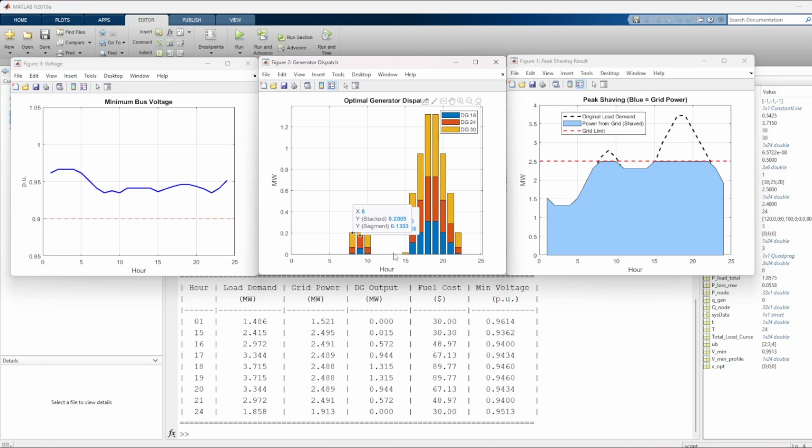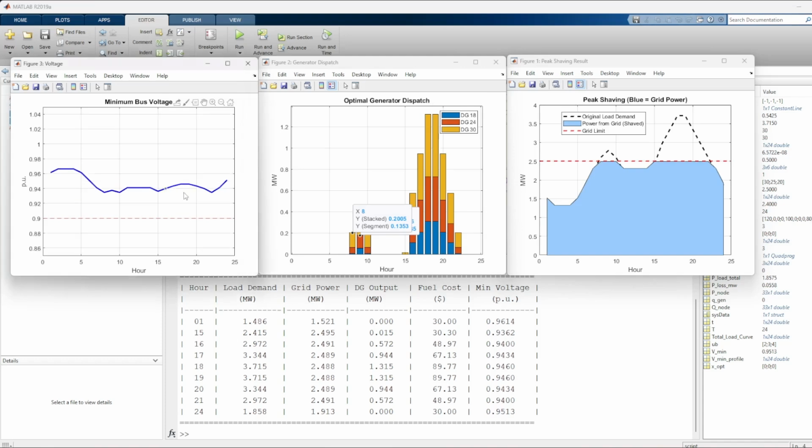At the rest of the hours our load is under the grid limit, so no power is drawn from the diesel generators. In the rest of the hours our diesel generators are turned off, and we are saving our fuel cost. That's how this optimally works together.